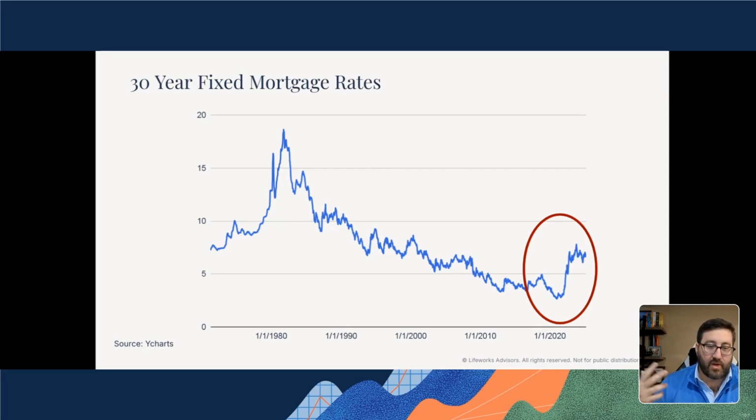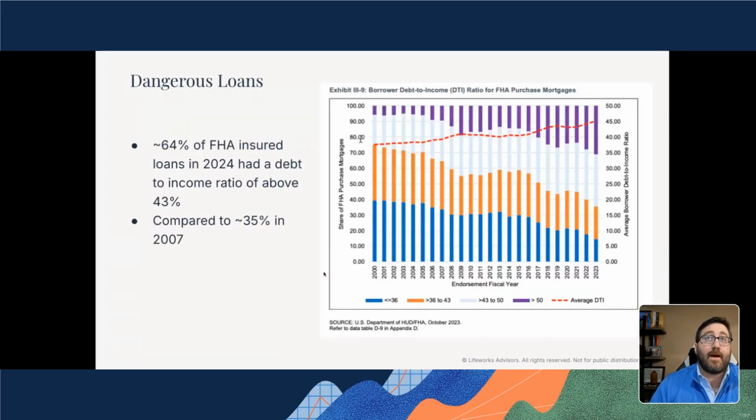And that's why you hear a lot of the stories and news articles talking about why it's so hard for up and coming generations to be able to afford a house anymore. And this is one of the main factors, is just the increase in mortgage rates on top of the values have really made it expensive.